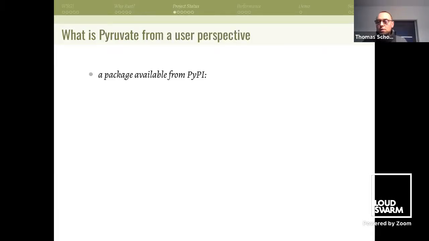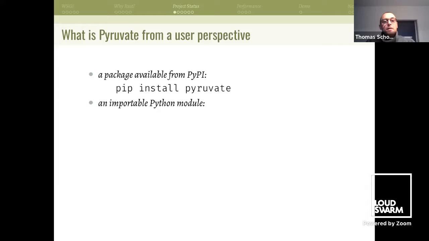So let's start having a closer look at Pyruvate from a user perspective. At first, it's a package that is available from PyPI, the Python Package Index, so you could do pip install Pyruvate. Then it's an importable Python module.